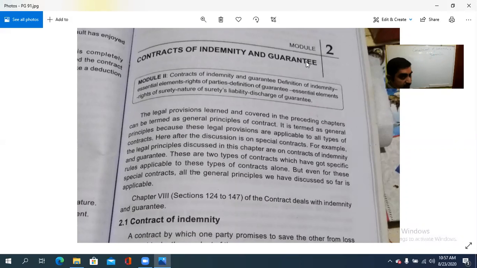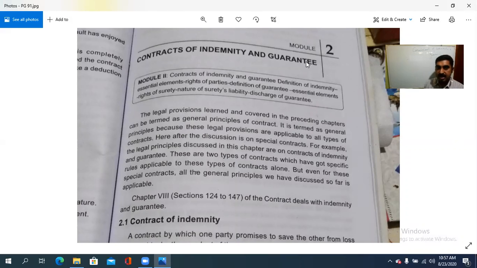Contracts of indemnity and guarantee. So, module 2: contracts of indemnity and guarantee, its definition, essential elements, the rights of the parties, the definition of guarantee, its elements, the rights of the surety, nature of surety's liability, and how a guarantee is to be discharged. So, we will look into that.